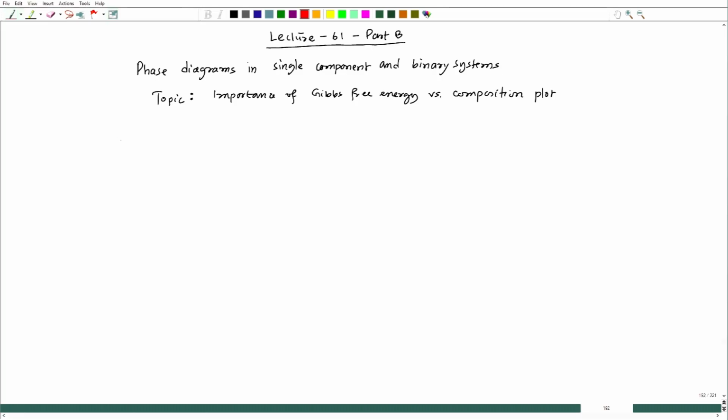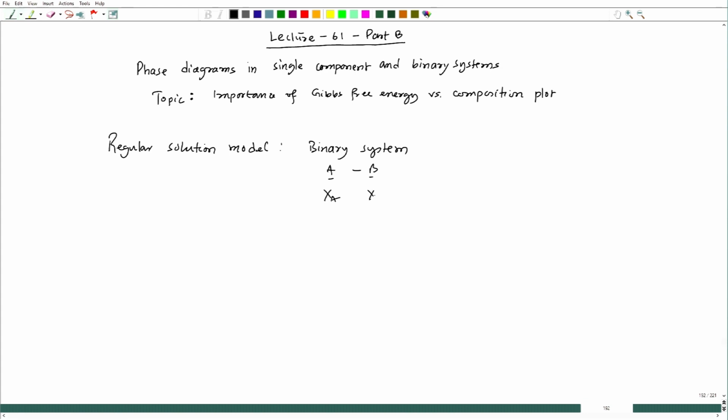So, now if you see what we have done, we have taken a regular solution model and binary system. We have considered A and B, these are the two elements, and we have taken metals.